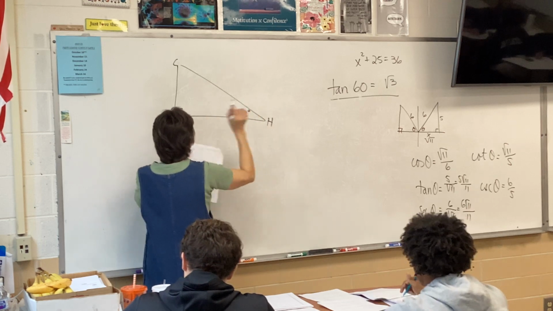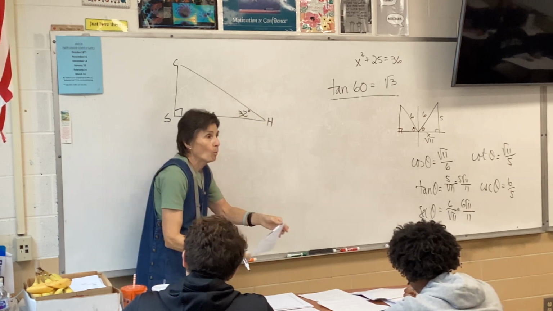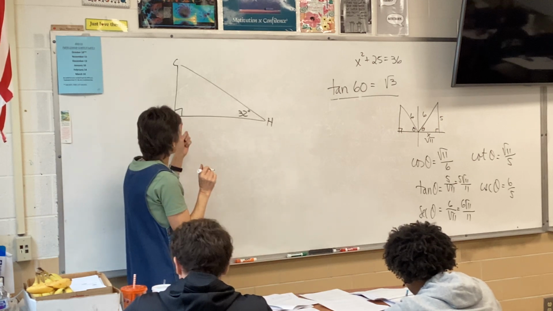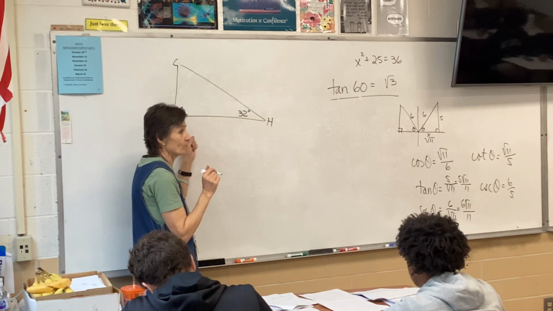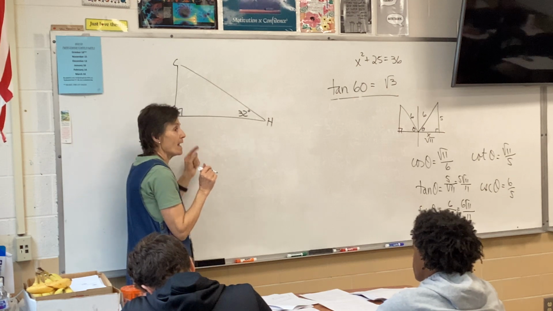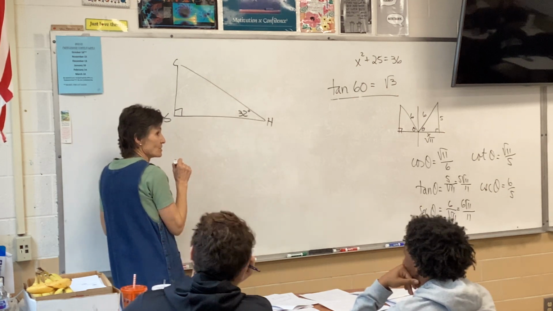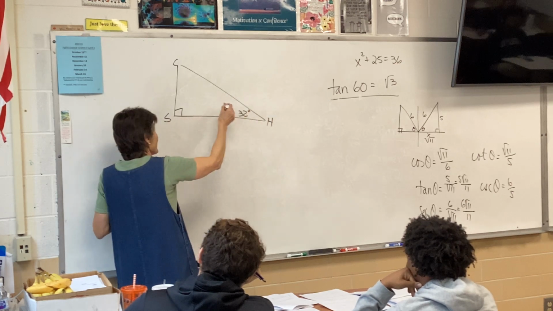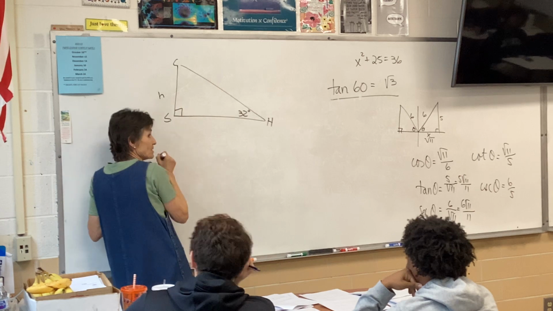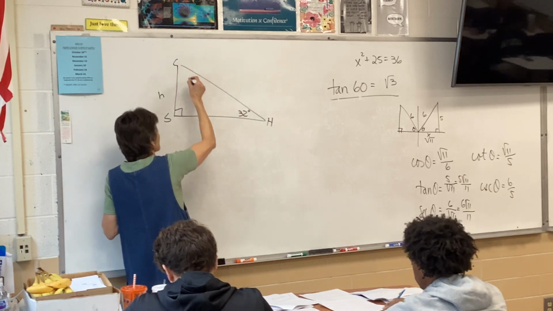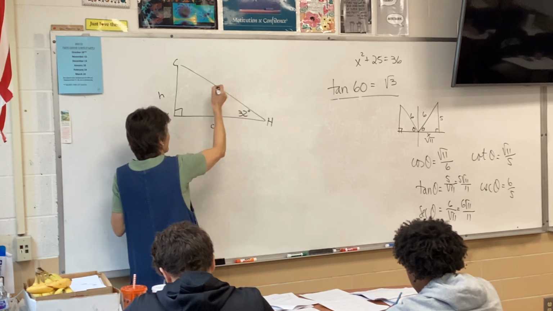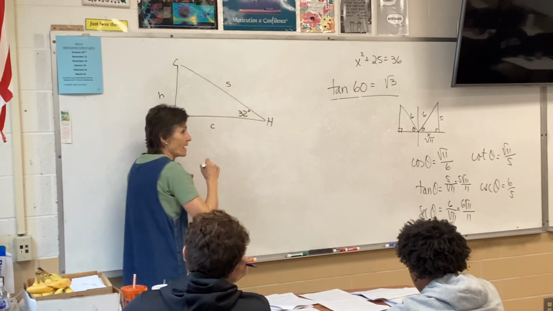Now, next thing. When we label a triangle, we use capital letters for the angles and lowercase letters for the sides. So across from angle H will be side h. Across from angle C will be side c. And across from angle S will be side s.